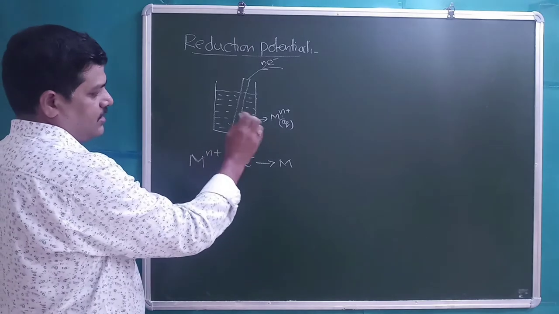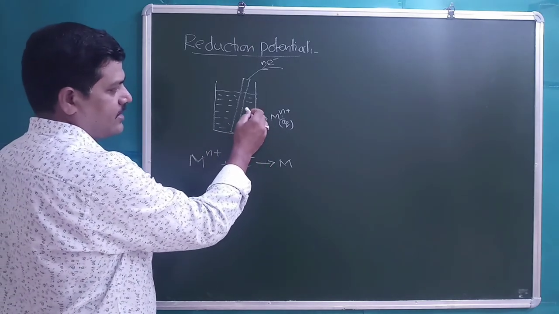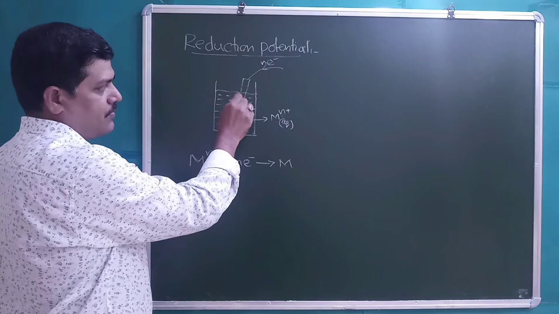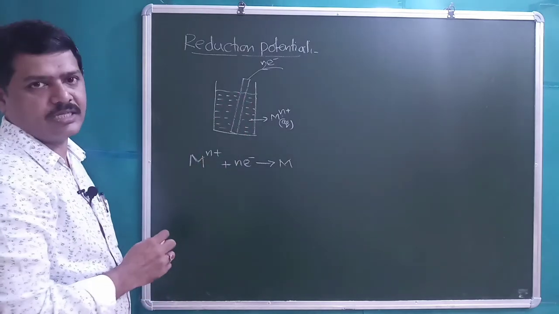This potential difference generated between the electrolytic solution and the surface of the metal is known as reduction potential.